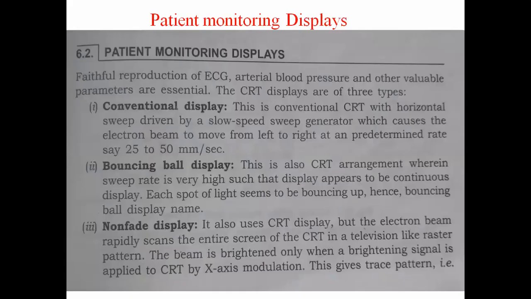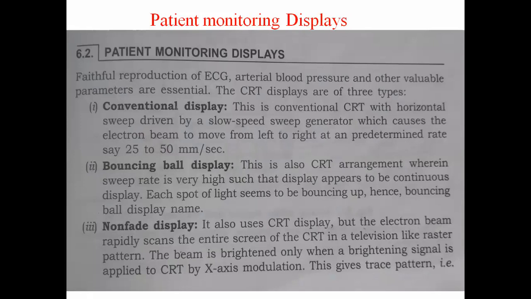Next, coming to the patient monitoring displays. What is the importance of monitoring? The importance of a patient monitoring system is its ability to display the physiological waveforms. With these patient monitoring displays, our systems show the actual physiological waveforms.